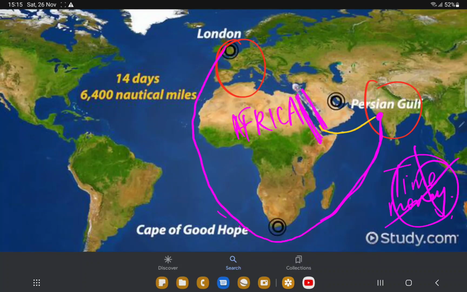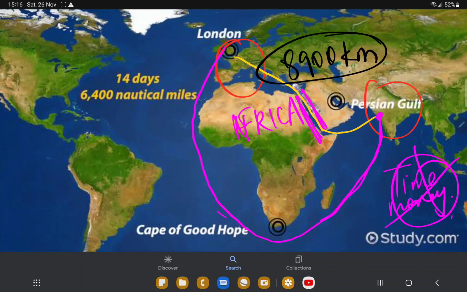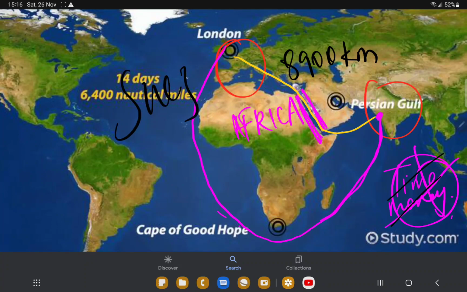From here, you can go directly to London. The distance is reduced by about 8,900 kilometers. Just imagine, 8,900 kilometers of distance is reduced. Your time is saved, money is saved, everything is saved. So the Suez Canal is very helpful.